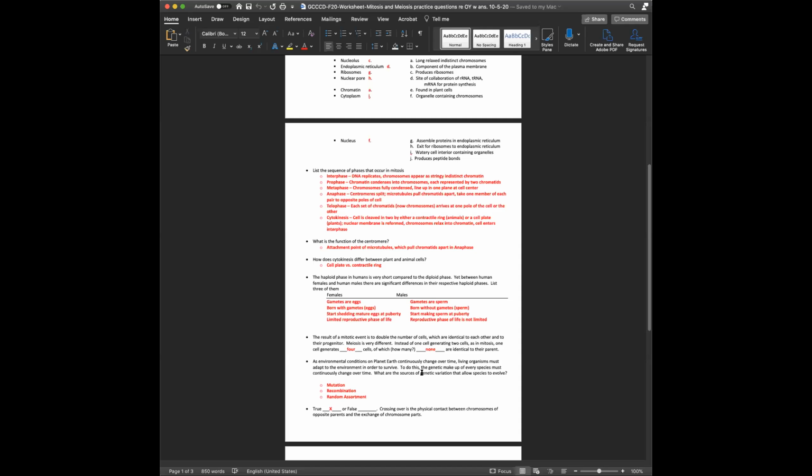It's all random chance. They just happen to end up on one side of the so-called metaphase plate or the other side. So that random assortment is a major source of variation. Any question about that? Sources of genetic variation in essentially all eukaryotic species.